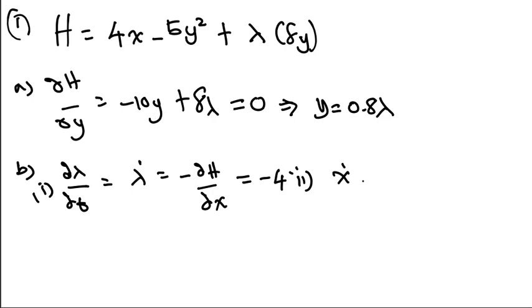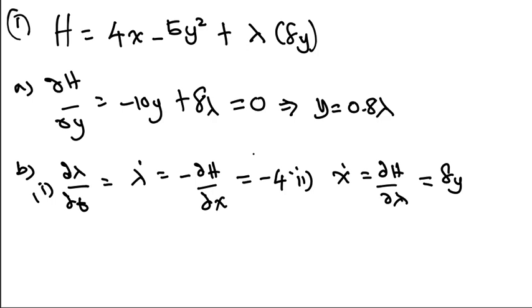This is the way you do it, delta H over delta lambda. Delta H over delta lambda is very straight to the point. It is 8y.